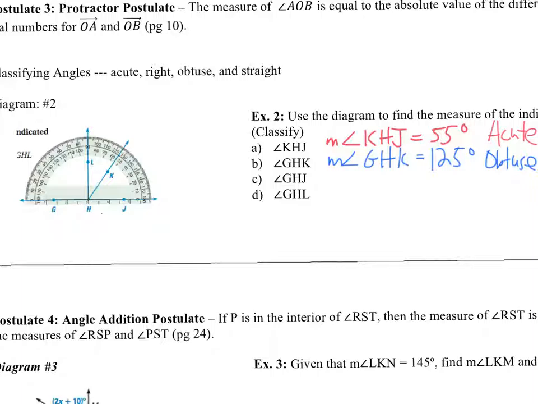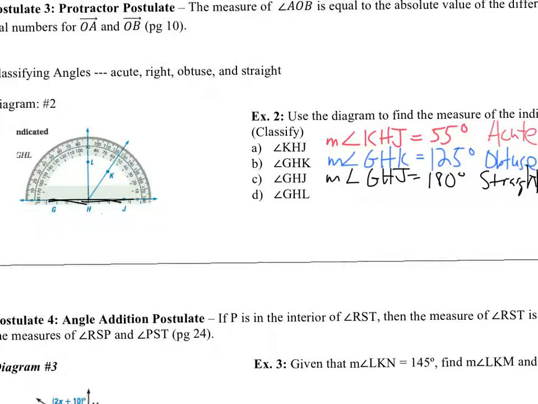So let's look at our next angle, GHJ. So G, H, and then J. We're going straight across. So we don't even need to really do much because we know it's a line. Therefore, our measure of angle GHJ equals 180 degrees, and it is a straight angle.